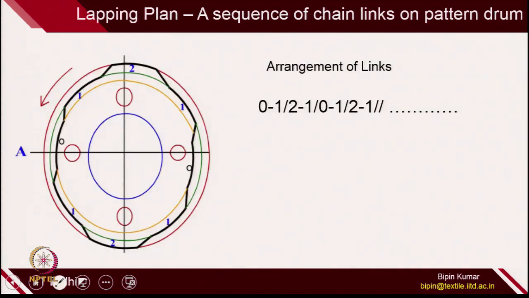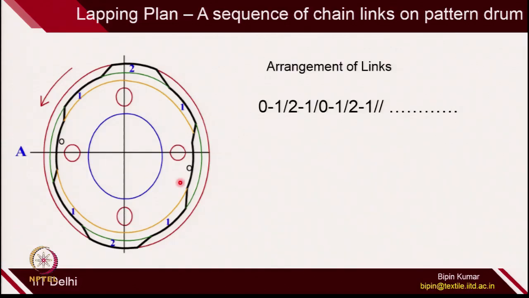What is more important for us is to understand how these sequences are decided. For example, if you see here, the pattern drum is rotating in anti-clockwise direction, okay, and this is how the elevation and depression is created with the help of chain links which I just showed you.